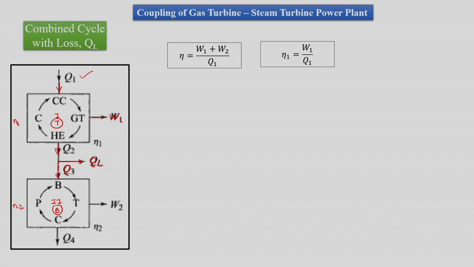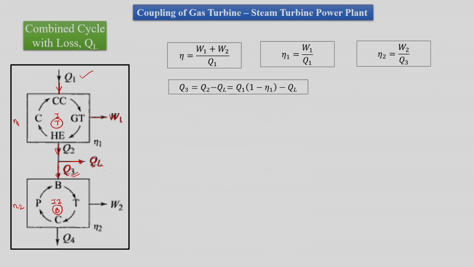Eta 1 is equal to W1 upon Q1 and eta 2 is equal to W2 upon Q3, where Q3 is the heat taken by the bottoming cycle. Then from heat conservation, Q3 is equal to Q2 minus QL, but Q2 can be found as Q1 into 1 minus eta 1.